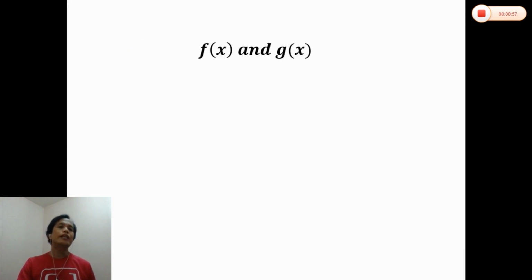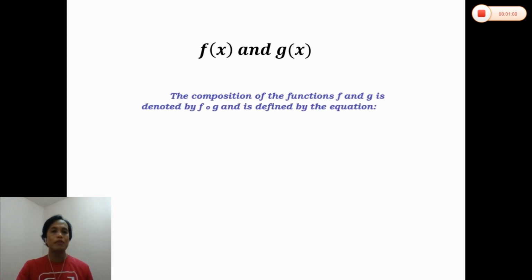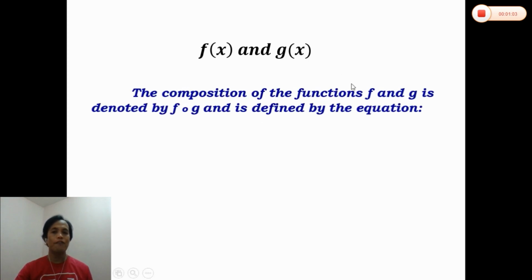So let's start. If we are given the functions f and g, the composition of the functions f and g is denoted by the notation f circle g.